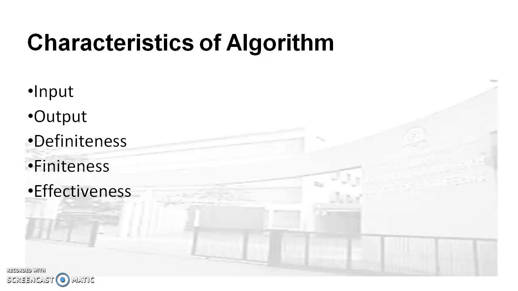Finiteness of an algorithm refers to the termination point of an algorithm. As there are a finite number of steps specified in the algorithm, if you follow these steps in order, at one point of time an algorithm should terminate. This termination point indicates that an algorithm is finite.